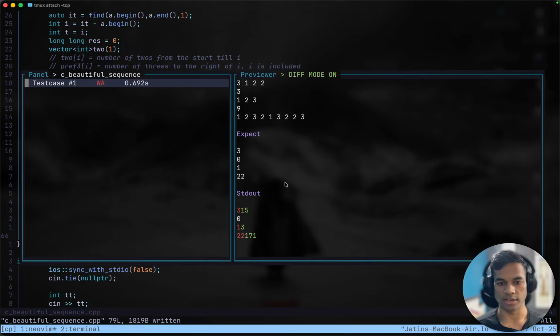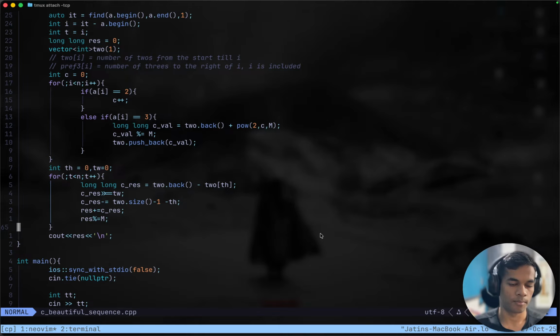Okay, I expected this to work, but clearly it does not. 171 does not even make sense. Of course, we are not even updating anything.